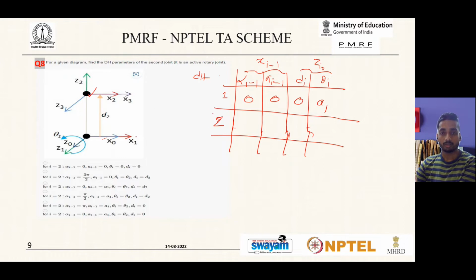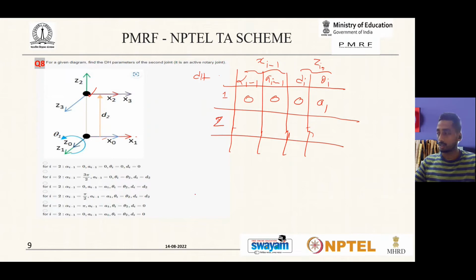In that case, for joint 2, we have to look around X1. So again, we take our thumb outside and point it towards X1 and try to rotate Z1. Z1 is pointing towards me, and we have to point upwards. So how will you rotate that?